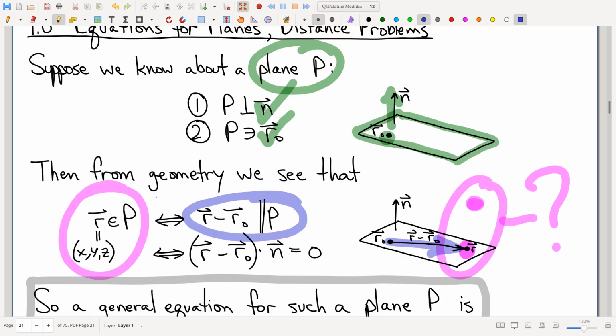Now that's a geometric appeal, right? You just think about what it looks like. Oh, yeah, sure enough. If this point's in the plane, well, that point was given in the plane. That difference then is parallel to the plane. So there you go. And if this one's not in the plane, but this one is in the plane, then in some sense that difference just is not parallel to the plane, right?